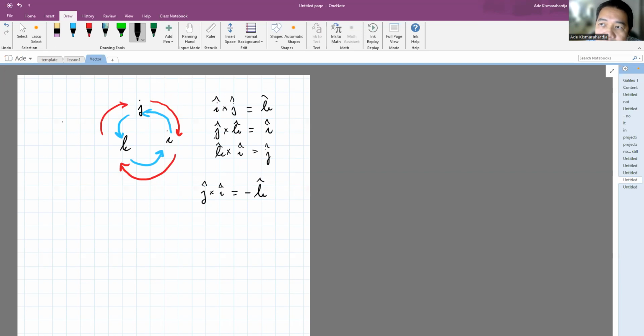If you swap the order, that's giving you another vector which is in the opposite direction of the first one.